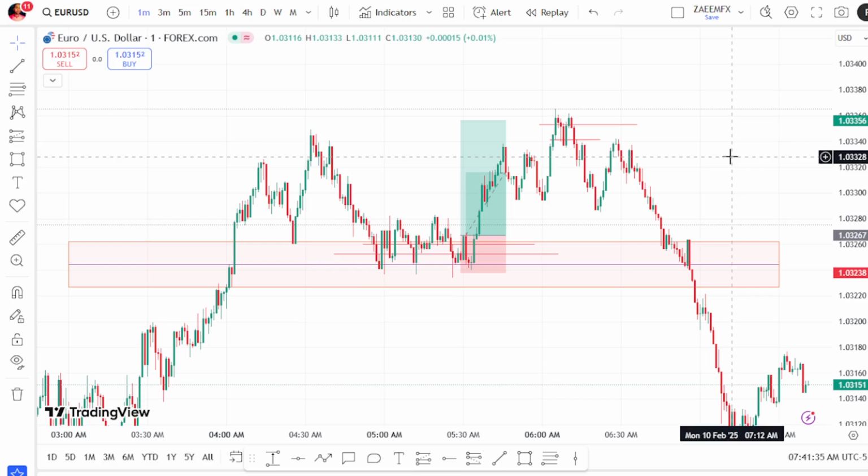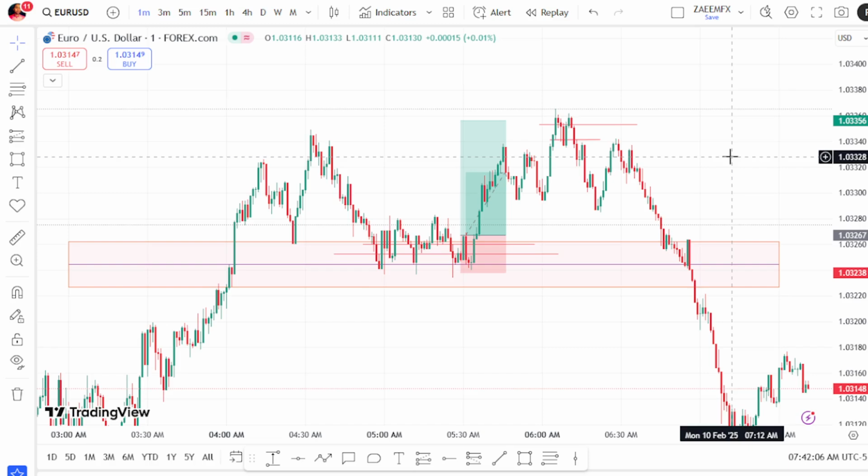From the previous one, we are seeing that I'm highlighting some levels where I don't want to see a candle body closure above or below a certain level. There's something behind it. I'm not just saying that without logic.